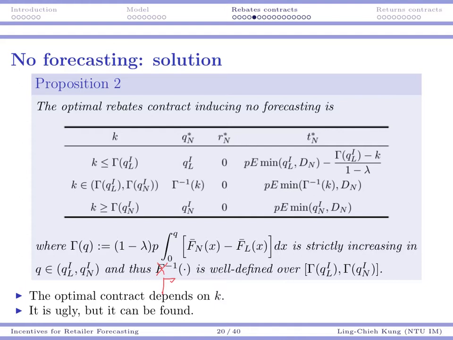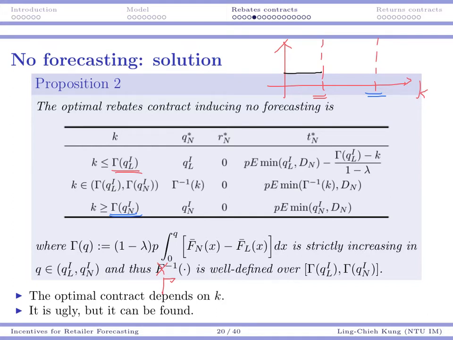So the first thing I want to tell you is that for different values of k, let's focus on quantity. We have two thresholds. The first one is this one. The second one is a larger one. When k is lower than the lower threshold, our optimal quantity is a fixed number.